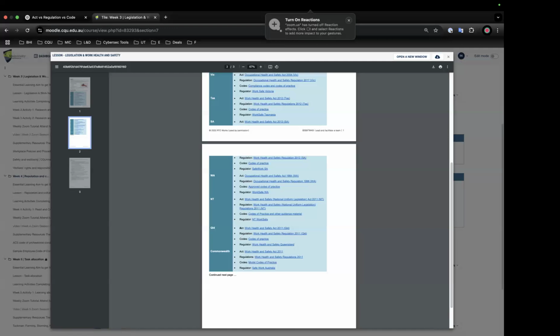Then you have the codes. These are guidelines or best practices that are not legally binding, but they serve as a standard for conduct within a field, like best practices regarding work health and safety. And then you have your regulator, the authority or agency responsible for ensuring that you comply with the act. Does that make sense for everyone?